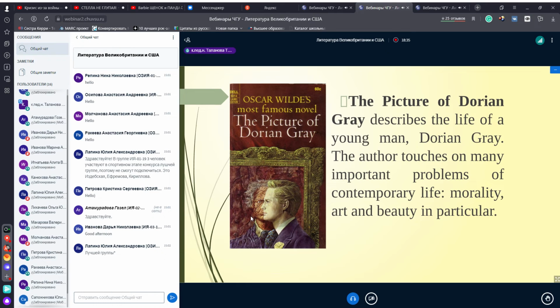And that particular novel was used as evidence against the author himself when he was tried and convicted in 1895 on charges related to homosexuality. The novel became a classic of English literature, and logically, it was adapted into a number of films. One of them received 3 Academy Award nominations.